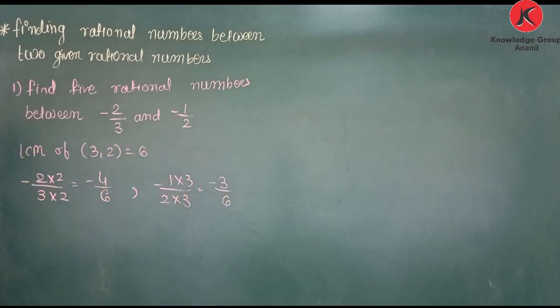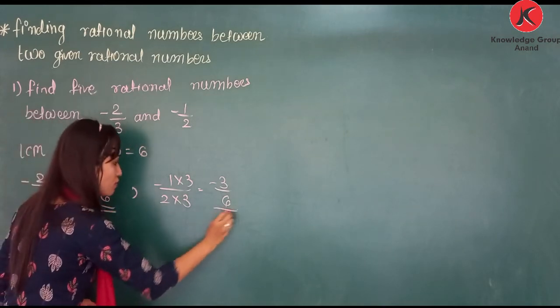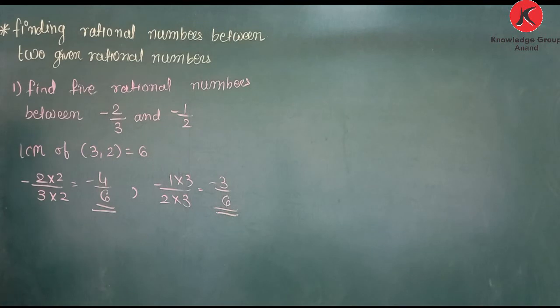There is no number between minus 4 and minus 3. So here we need to multiply both rational numbers with some number, so we get equivalent rational numbers of both. Equivalent rational numbers means they are the same rational number. So minus 4 by 6 is multiplied by 5 in the numerator and denominator.